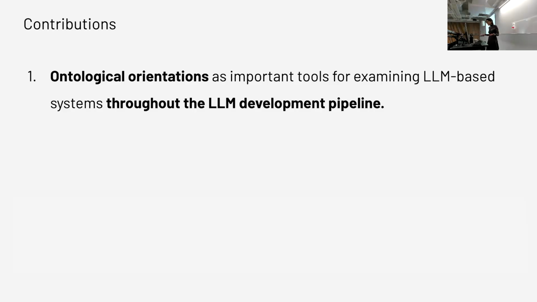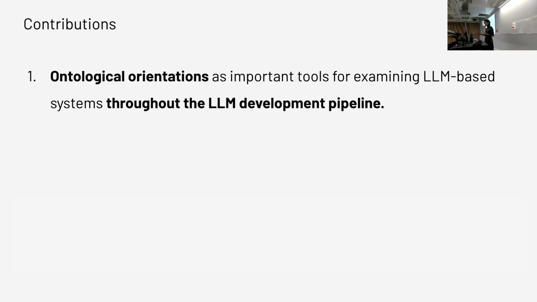And so to conclude, this work makes two central contributions to HCI and design research. First, we extend the critical discourses around ontologies to practice, identifying ontological assumptions as important tools for examining LLMs and LLM-based systems, and the taken for granted assumptions underlying their output and design.